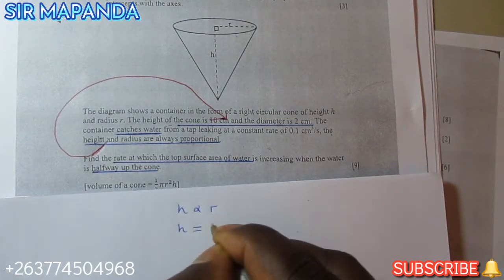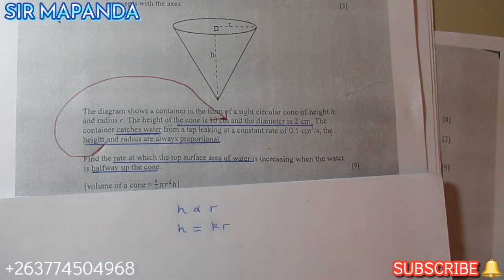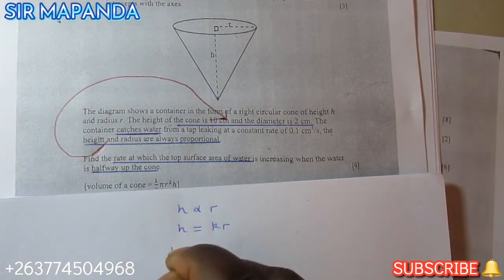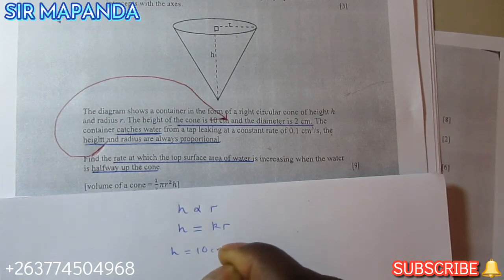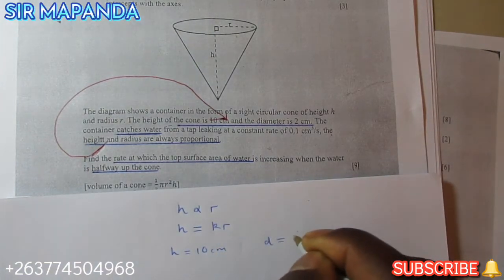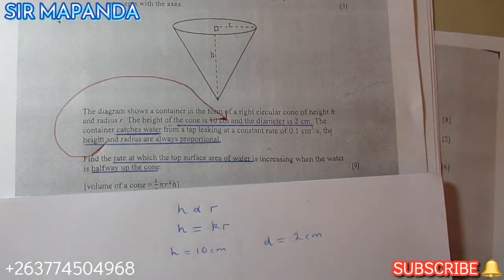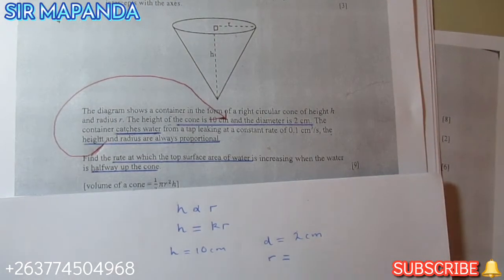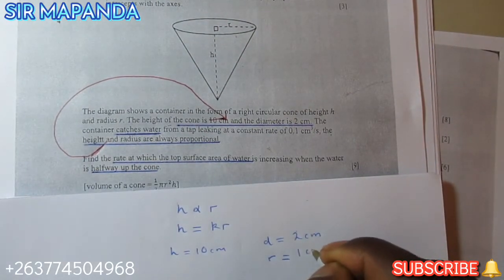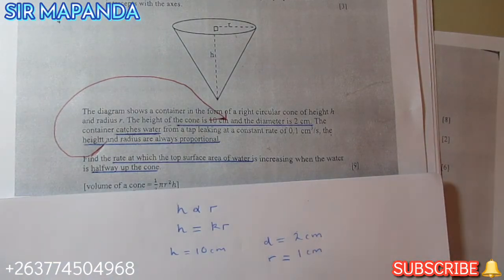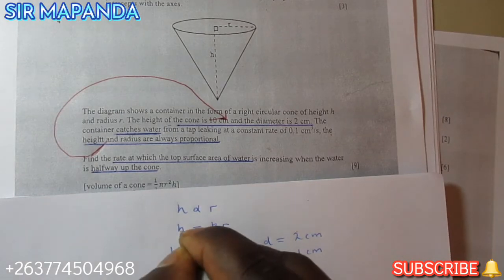Then you put equal sign, then you multiply the right side with the constant of proportionality, which is k. So height is equals to 10 centimeters when diameter is equals to 2 centimeters. So if diameter is equals to 2 centimeters, it simply means that radius is equals to 1 centimeter, since radius is half diameter. So I'm going to put 10 on h.